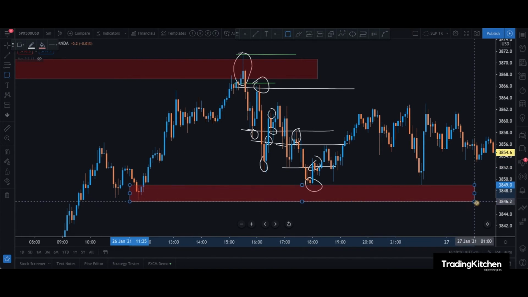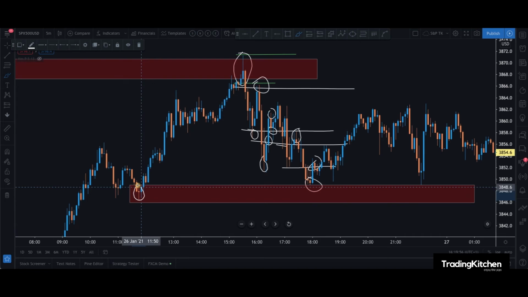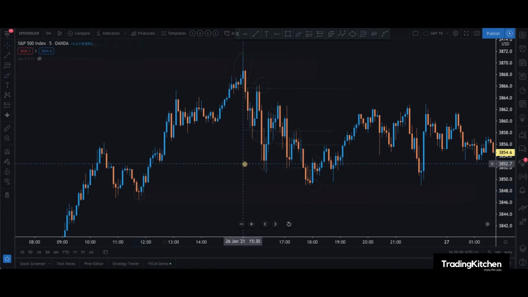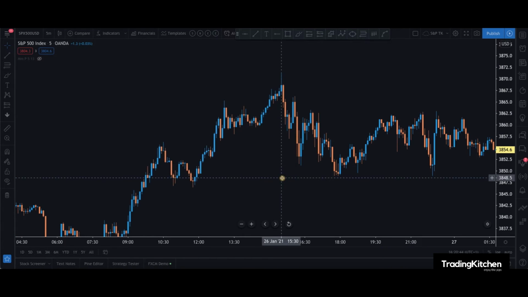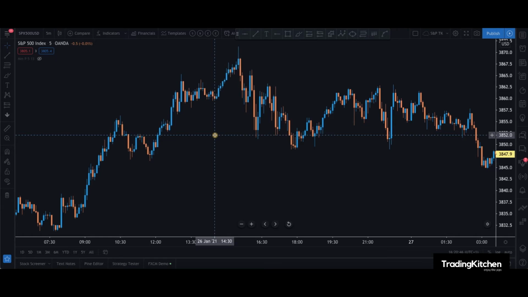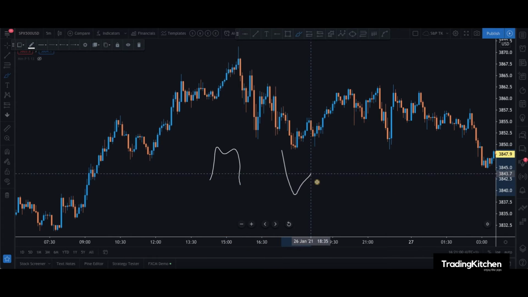Here you may understand that the price will change the trend. Why? Because here we have a structure with this kind of candlestick patterns. The first one I want to speak with you about is the M formation or W formation.